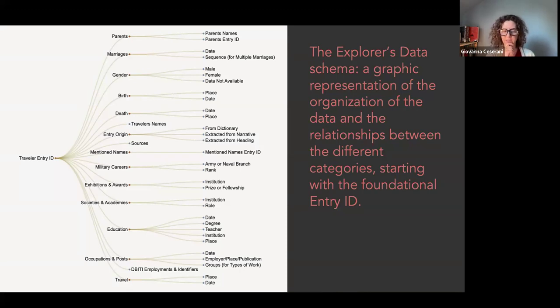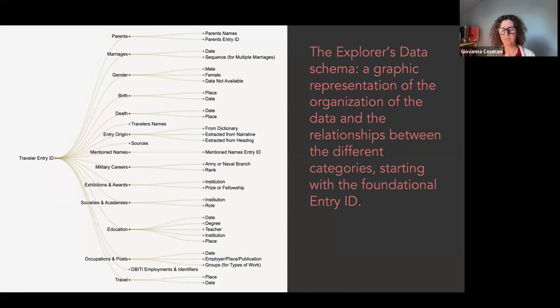And this is where natural language processing became very important. We used named entity recognition to extract from the text of the dictionary all personal names that existed. And then we worked manually to disambiguate all these different names to identify all the travelers that existed in the dictionary beyond the ones who had an entry.